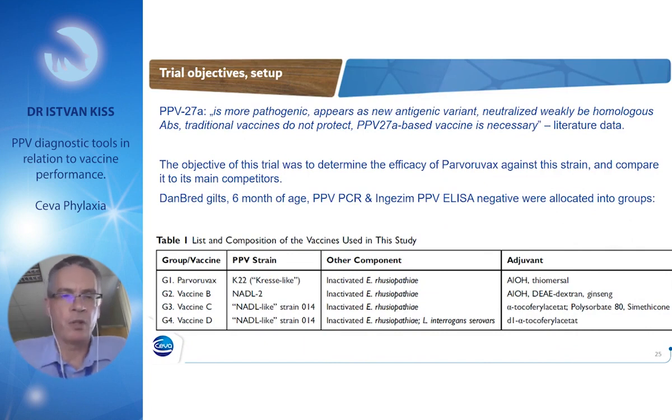We used a rather simple setup with gilts at 6 months of age, screened before the trial and turned out to be negative for the virus by PCR and by ELISA. And we wanted to categorize the vaccines based on their virus content, PPV content. Now we show that it is the Cressi-like, but when we started the trial, we didn't know.